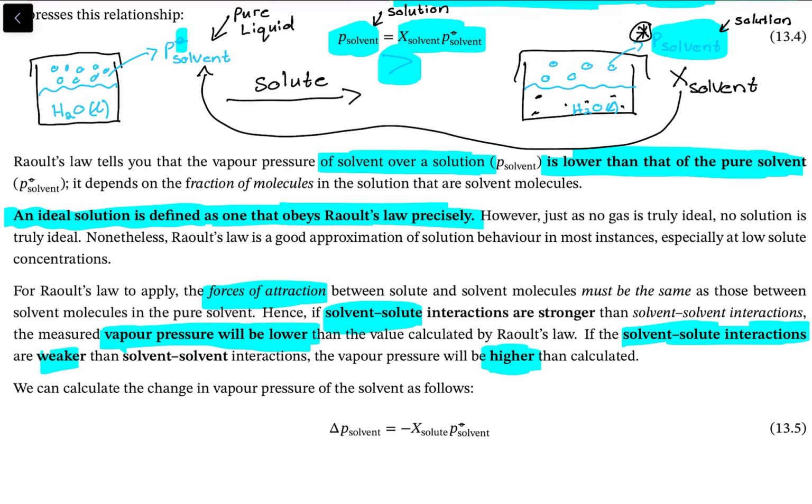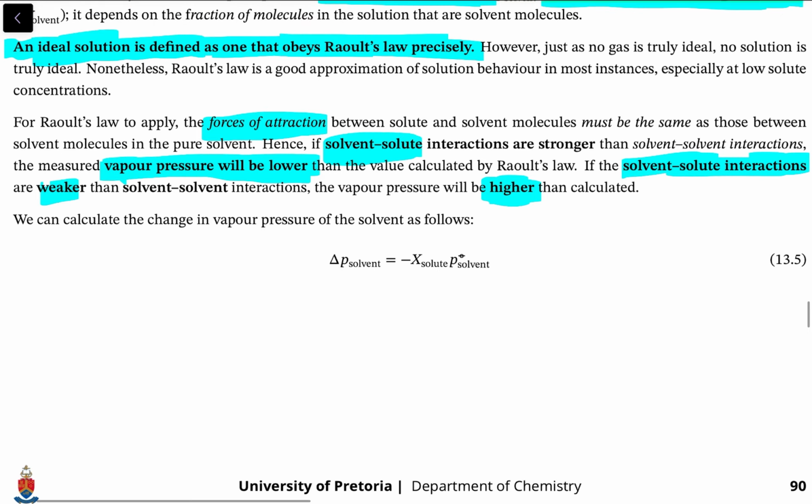So that's when it starts to deviate. But we will look at ideal solutions for this course. We don't really look at anything outside of that. This is, of course, Raoult's law. When you're looking at forces of attraction, that will be an experimental application of it.